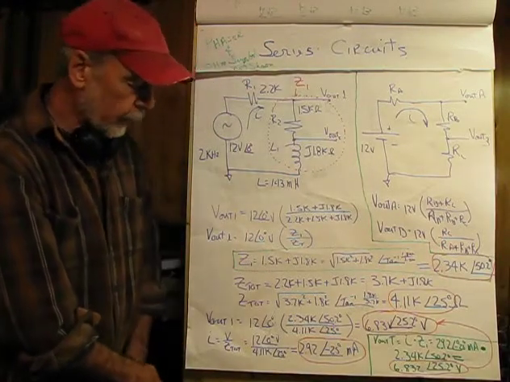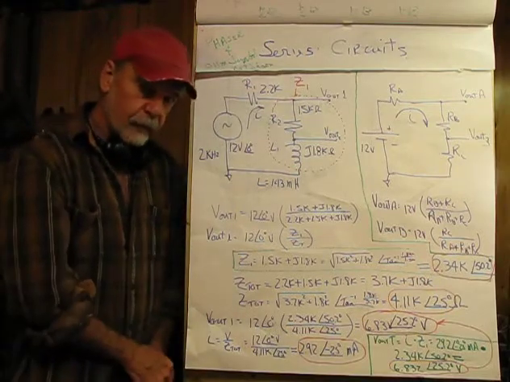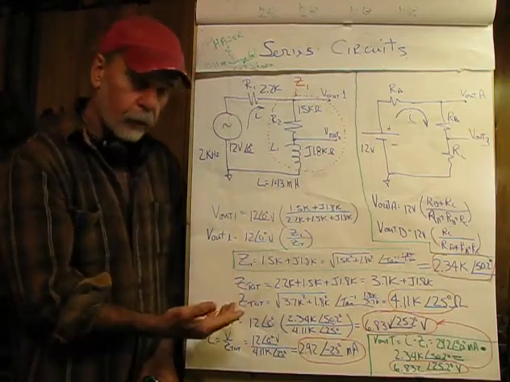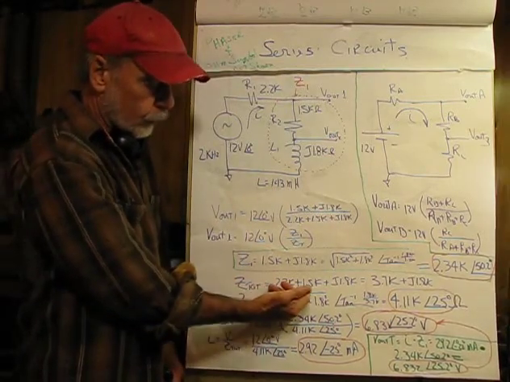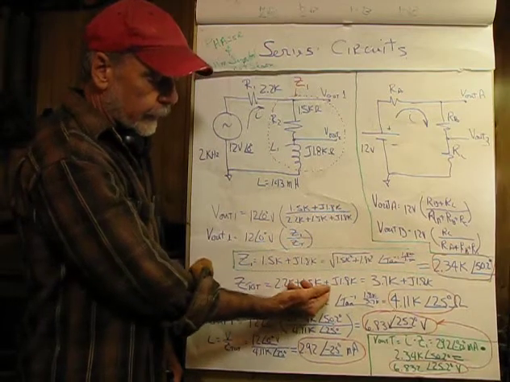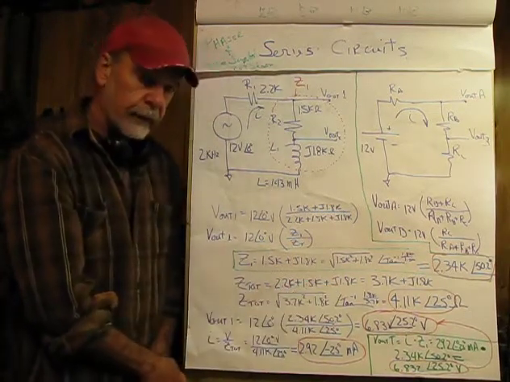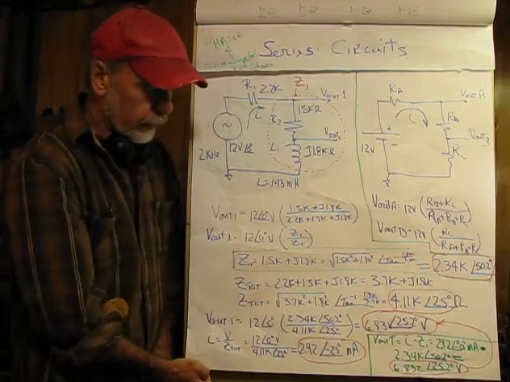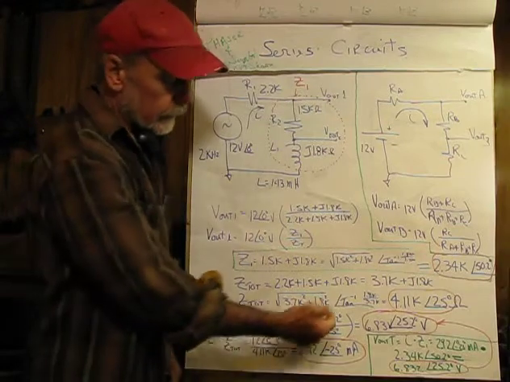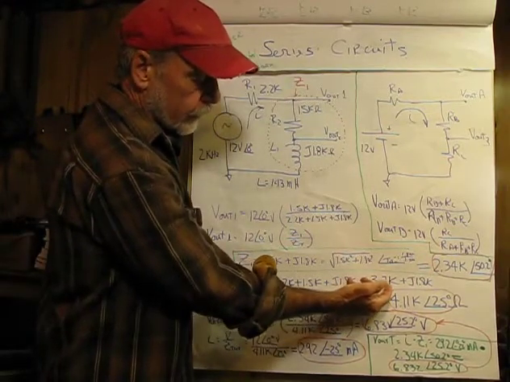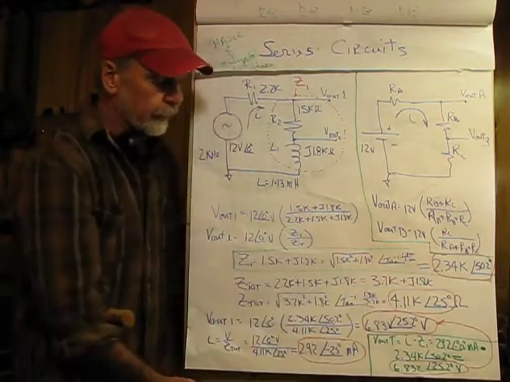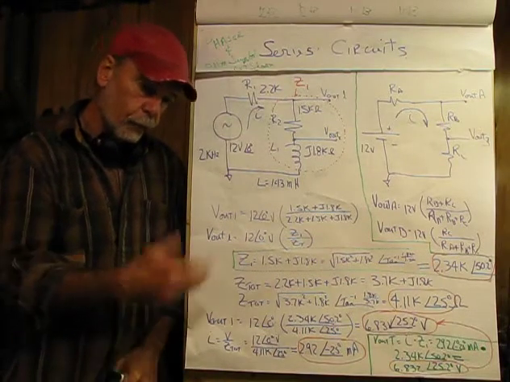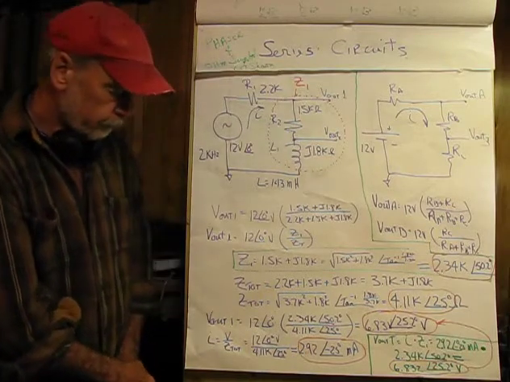So we're about half done. Next, we have to find Z total. Writing it out verbosely, we have 2.2K plus 1.5K, and then plus our J 1.8K for the inductor. These are like terms, so the next thing I did was combine them, giving us a real of 3.7K plus J 1.8K again, and now I'm in position to convert Z total into polar form, getting ready for the division.